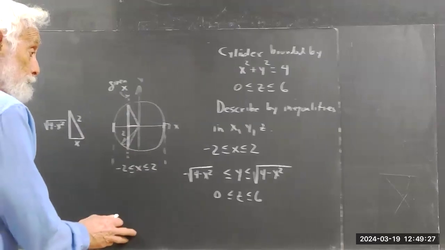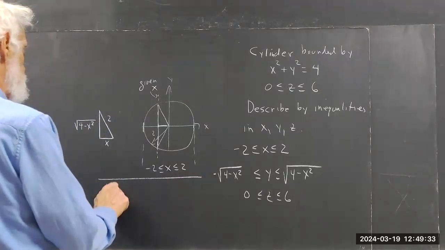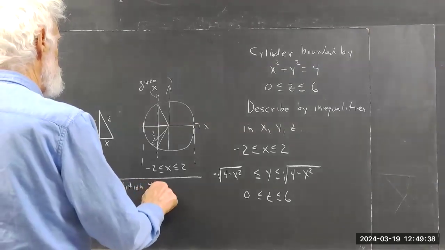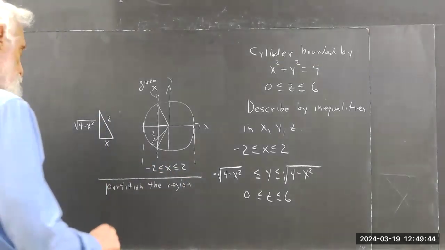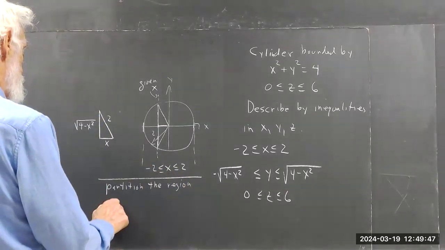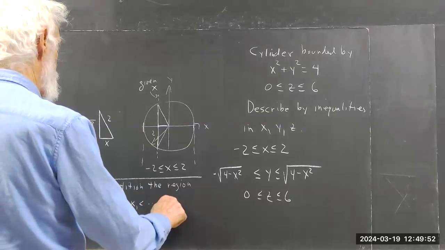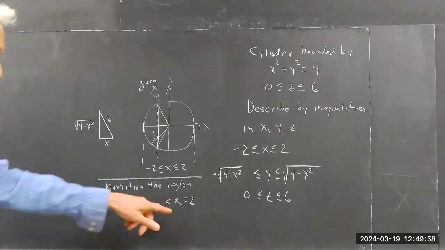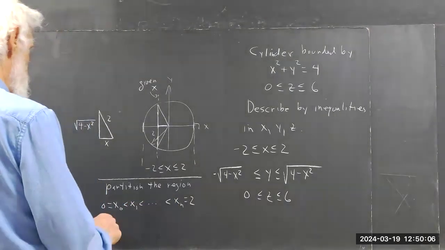So the partition of the region: your x intervals go up to 2, and let's say there are n of them.